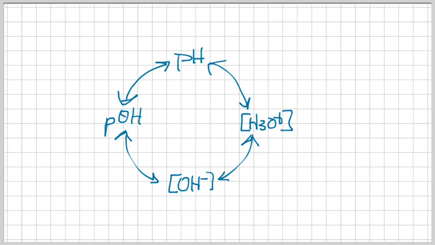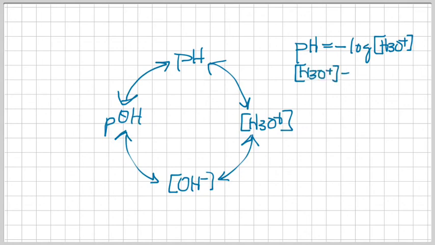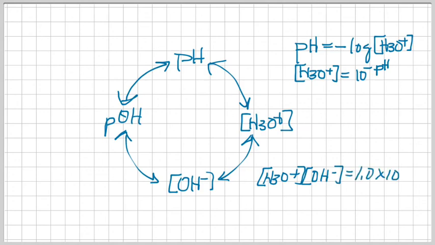And so the relationships here, pH is negative log of the hydronium ion concentration, or going the other way, hydronium ion concentration is equal to 10 to the negative pH. The relationship here is that the hydronium ion concentration times the hydroxide ion concentration is equal to 1 times 10 to the minus 14.